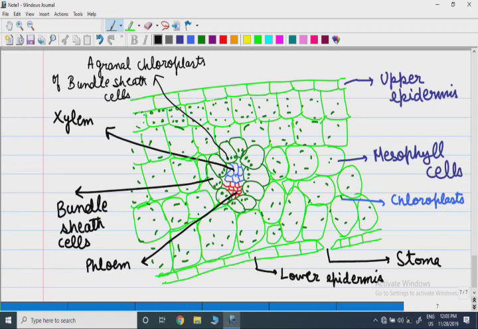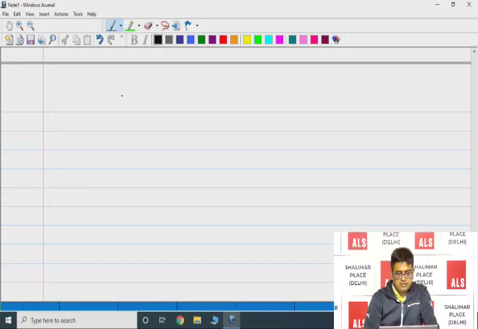So carrying on, now let us discuss the reactions of C4 cycle. What is happening here? The C4 cycle or the Hatch-Slack pathway. Let us start it.